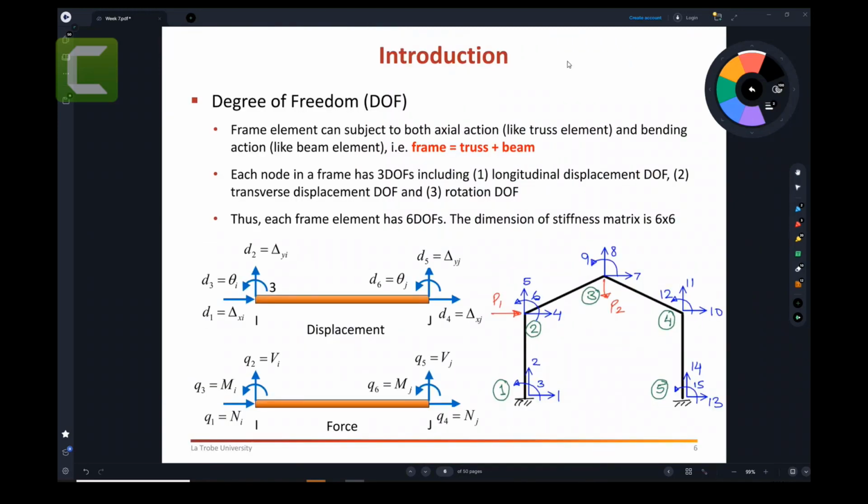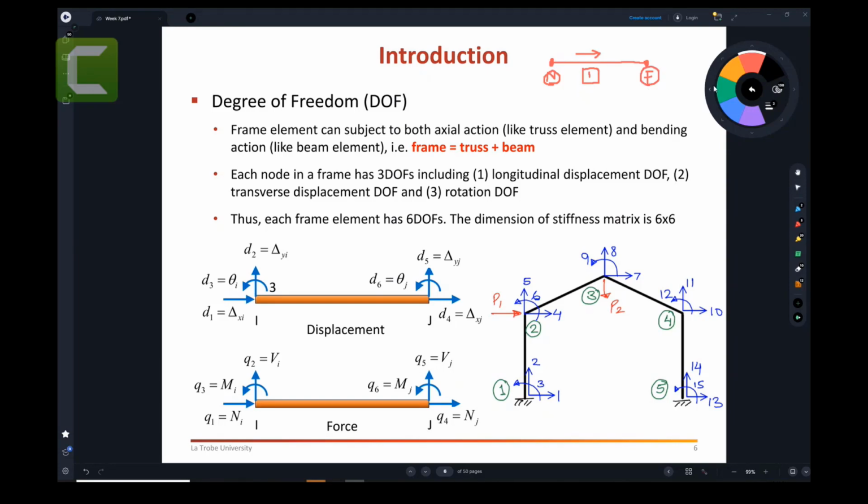I can go all the way back to week number 2, where we took the truss elements. You can put the number 1 for the truss element, and you can use an arrow to show that this is the near node and this one is the far node. That's what we did in week number 2.